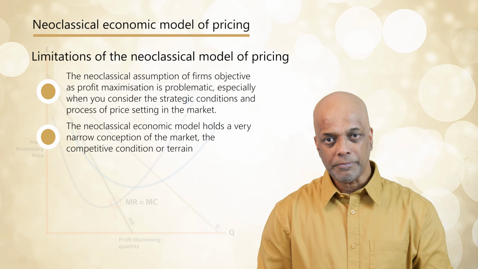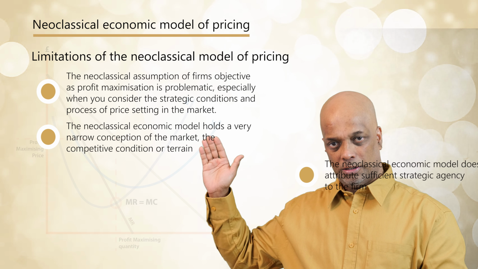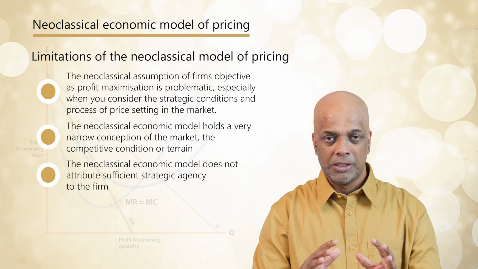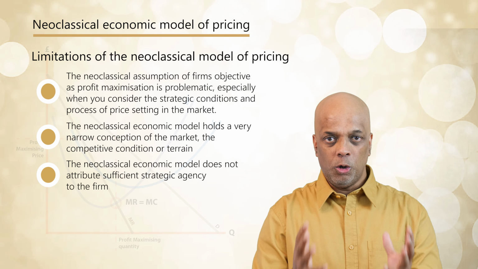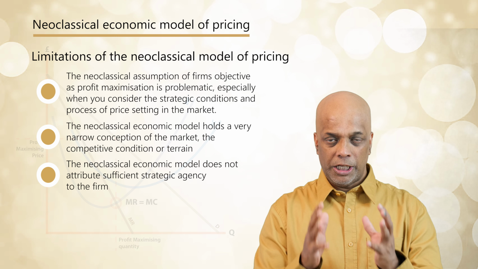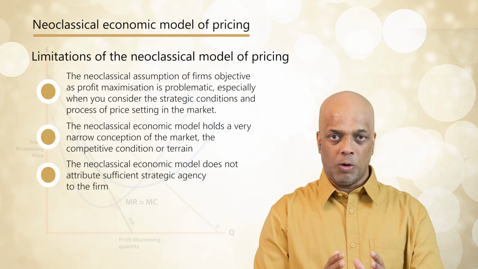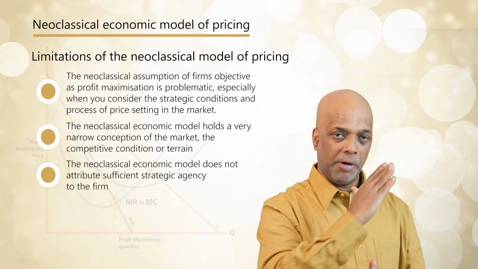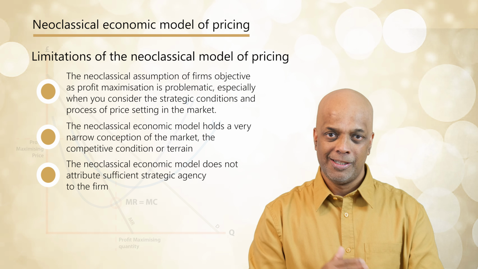And then, according to this economic model, the firm has very limited or no strategic agency. A firm would decide its price depending on the conditions imposed by the demand curve.